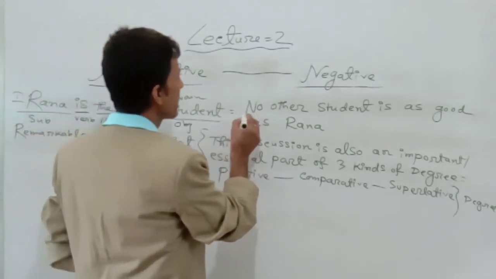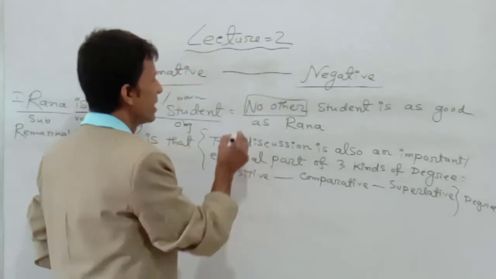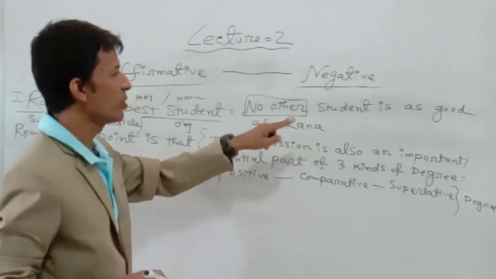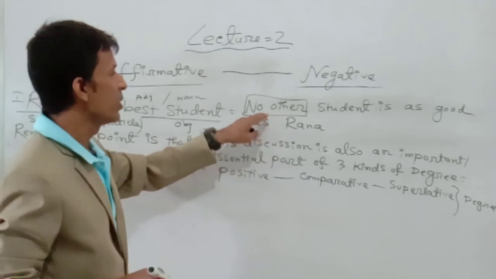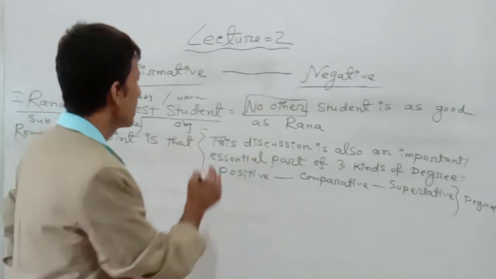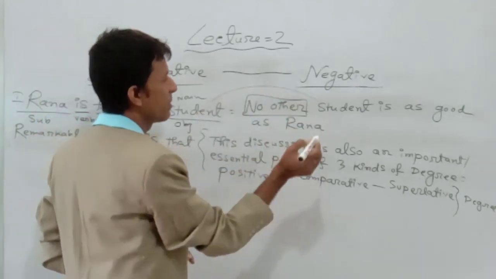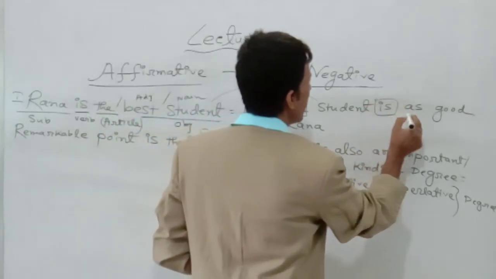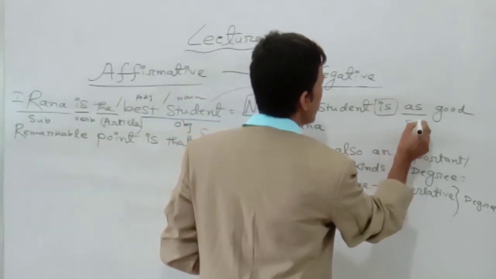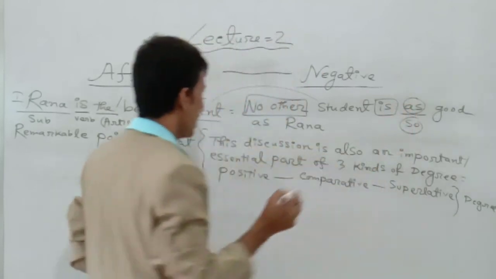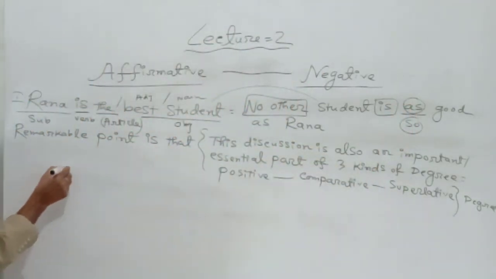Now look at the example from negative sentence. This sentence is started at the beginning by writing no other. After that, you will transfer the objective case, then auxiliary verb as or so can be written here. As and so are alternatives to each other.